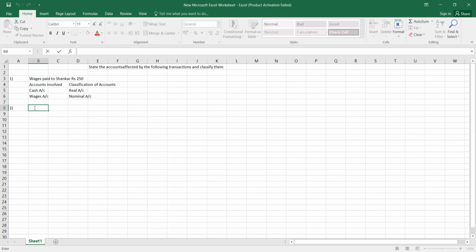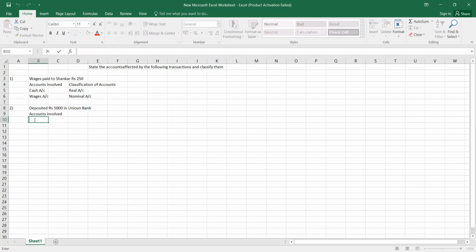Next example says deposited rupees 5,000 in Union Bank. Now we need to understand which are the two accounts involved, or more, but in this case, two accounts involved. The first step is identifying the accounts involved.